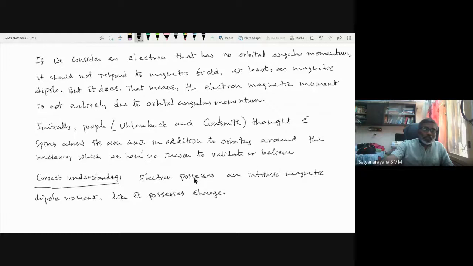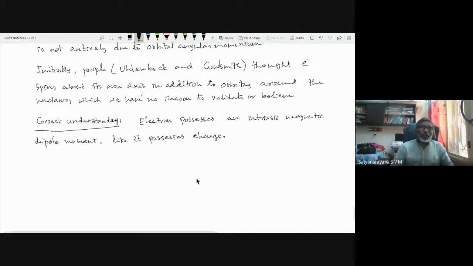Now the confusion further comes because of the mathematics that we do in quantum mechanics. Since an angular momentum gives a magnetic moment, a magnetic moment mu L, we assume the reverse is also true.